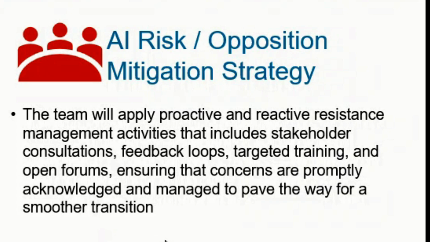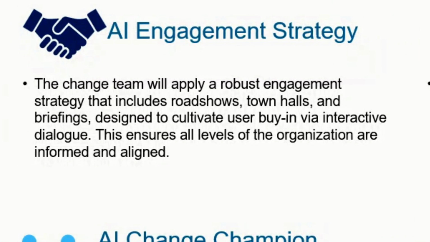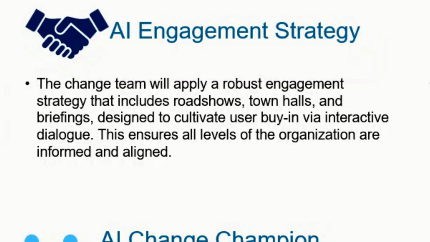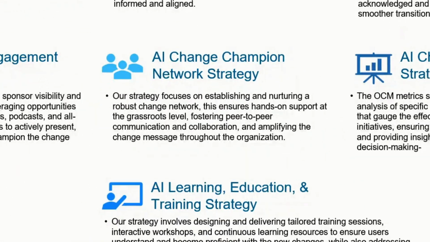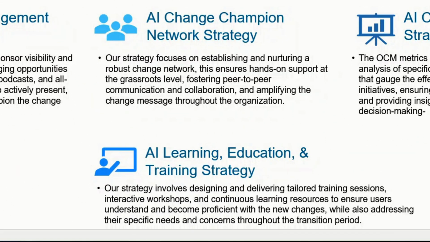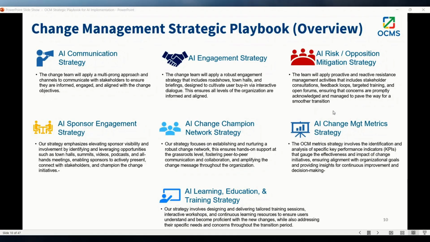And you can see here that includes engaging with stakeholders, gathering feedback from impacted users, gathering feedback from your champions, providing targeted training, ensuring that concerns that people are having are promptly acknowledged, and also ensure that you are letting people know AI is not really there to replace them.